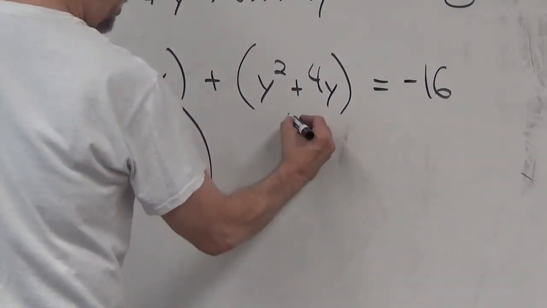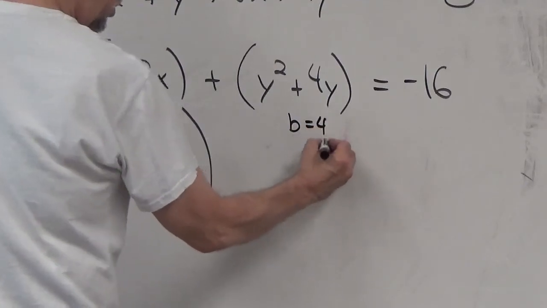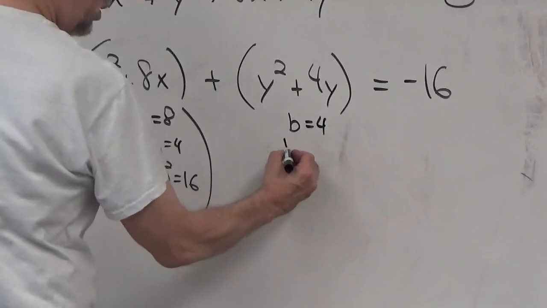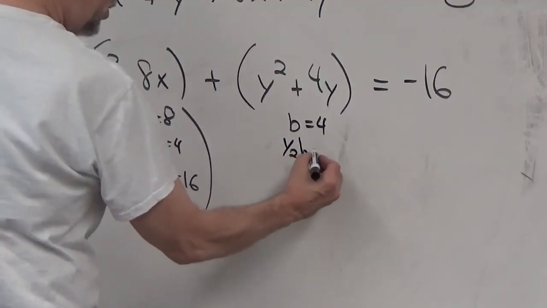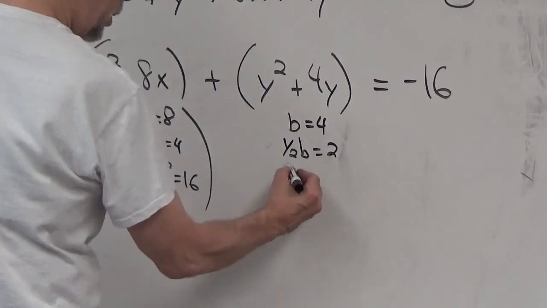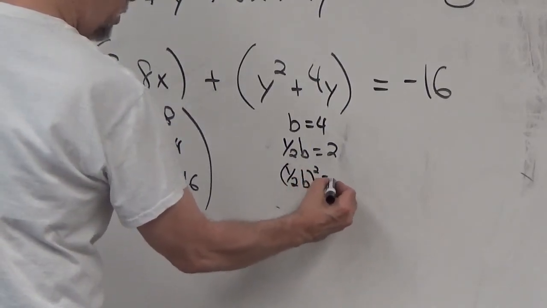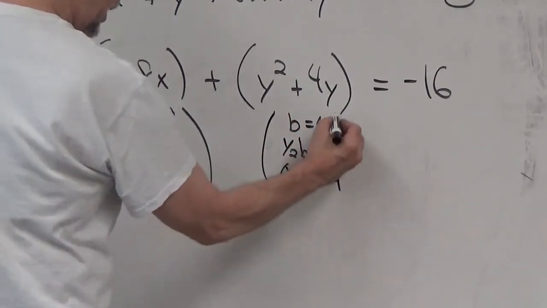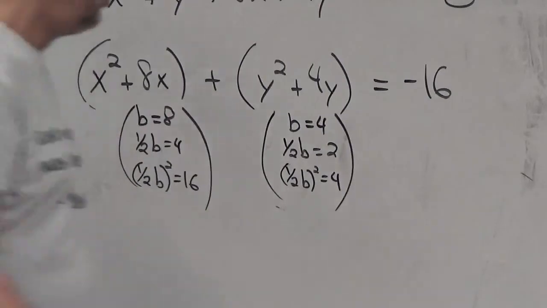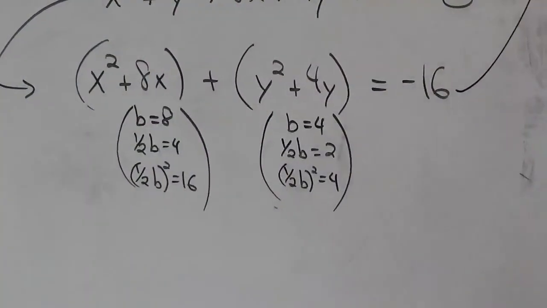Here the b term is 4, right? The number in front of the variable raised to the first exponent. Half of that is 2, and half of that squared is 4. So that's what we're adding to that binomial to get a perfect square trinomial. So let's come over here and do that.